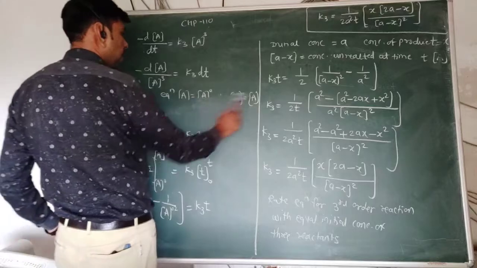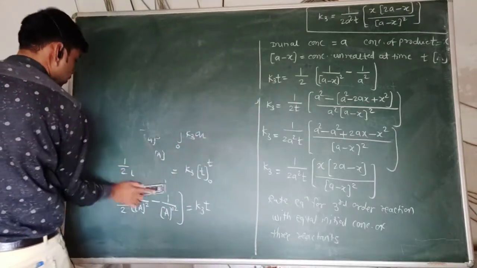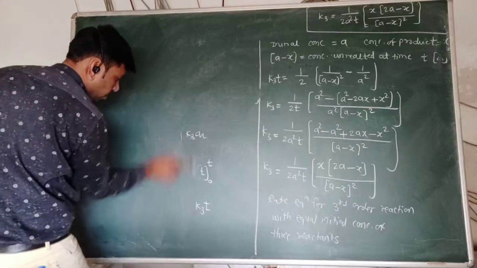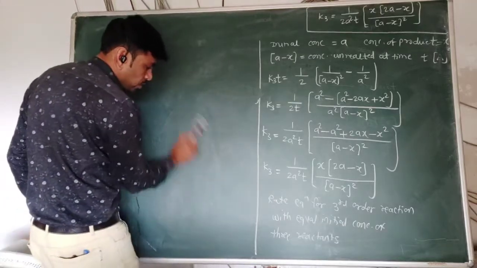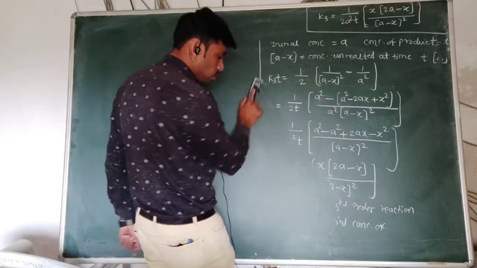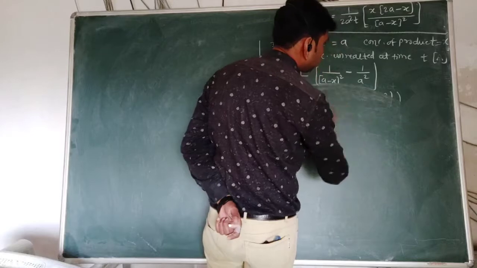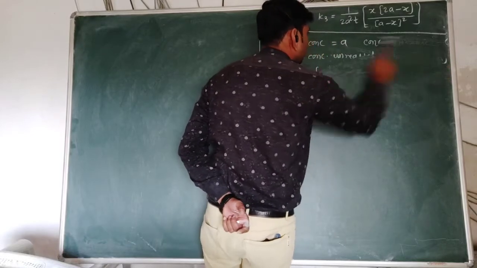Let's see some characteristics of this third order reaction. We have to see the graphical representation for third order reaction, the units for third order reaction, and the half life period for third order reaction.